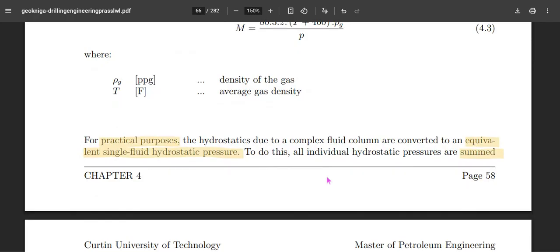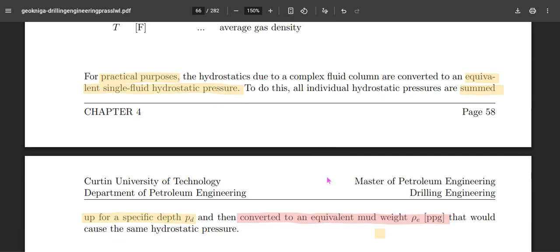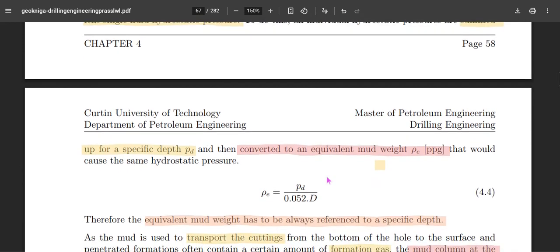So for practical purposes, the various densities at various depths are converted into an equivalent mud weight concept called ppg, which is expressed in equation 4.4.